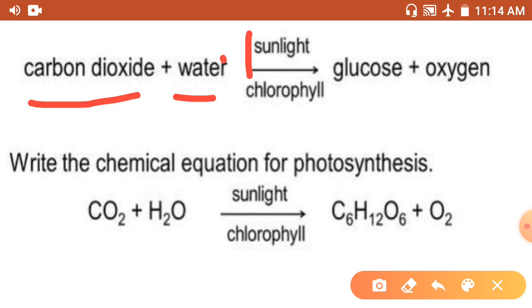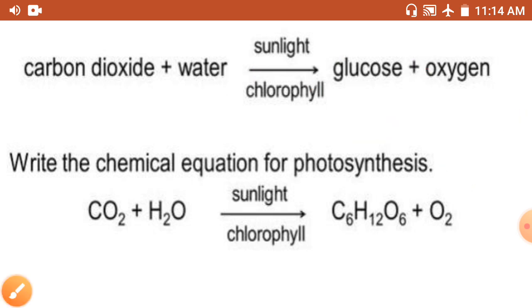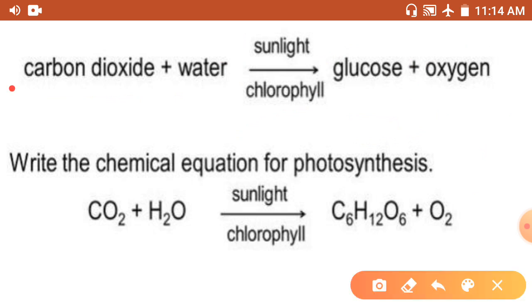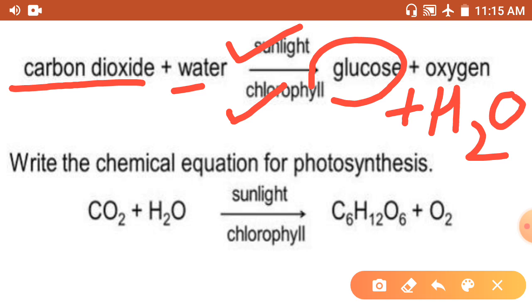In the presence of sunlight and chlorophyll, they make carbohydrate, meaning glucose, and oxygen plus water. Again: carbon dioxide and water, in the presence of sunlight and chlorophyll, make glucose, which means carbohydrate, plus oxygen and water, H2O.